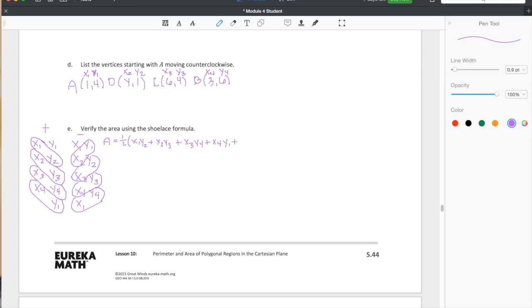So now we start using subtraction signs. So our first value in here is y1 times x2. So y1 x2, subtract y2 x3, subtract y3 x4, subtract y4 x1.